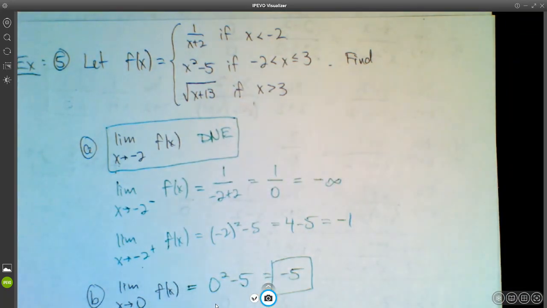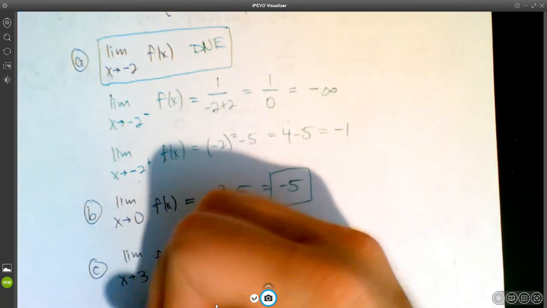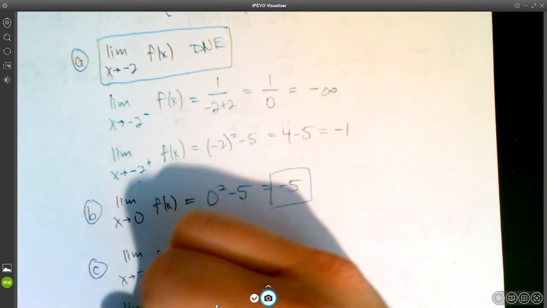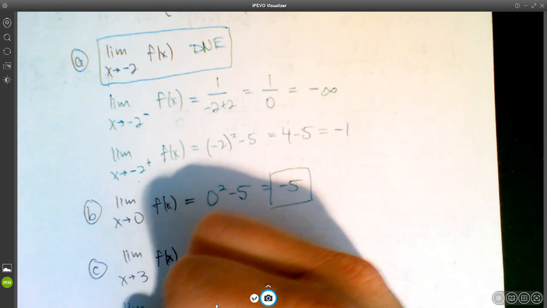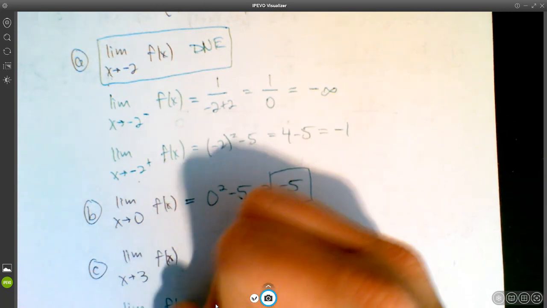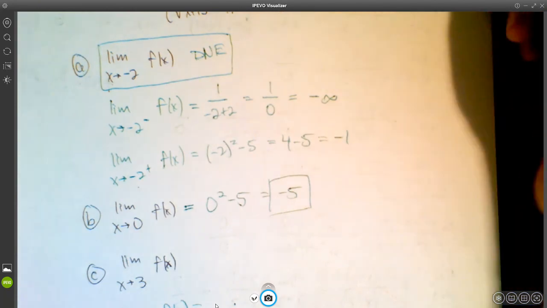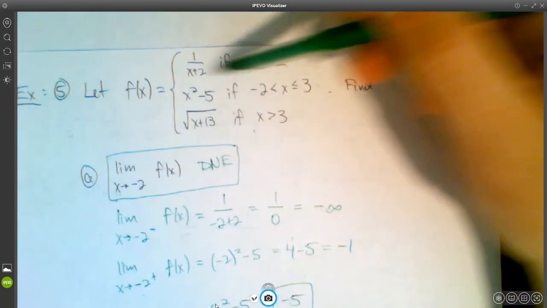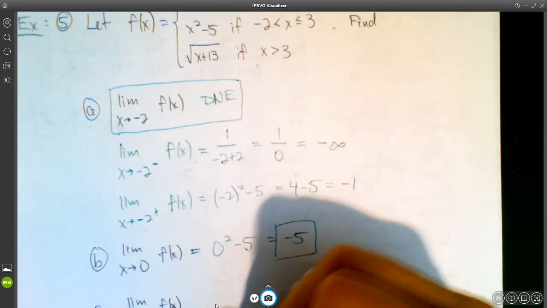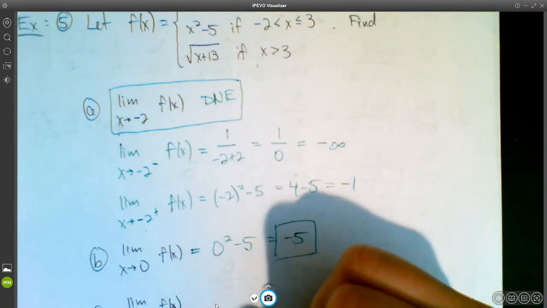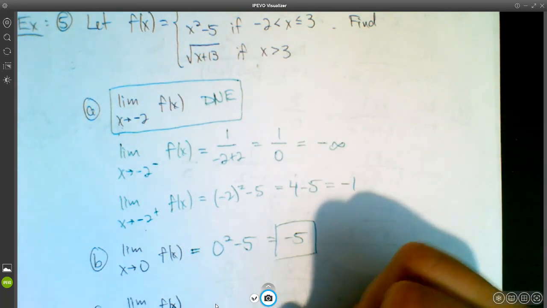So let's look at what's happening as we approach from the left, and then we'll look at what's happening as we approach from the right. If we're approaching from the left, that means x is slightly less than 3, so I would still be using the middle rule in this case, right? So this is going to be 3 squared minus 5. That's 9 minus 5, which is 4.